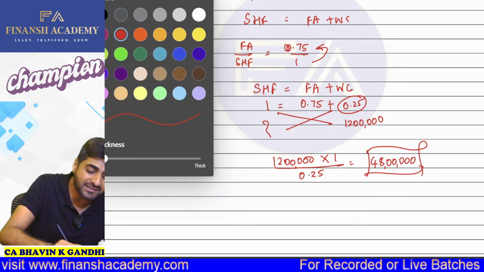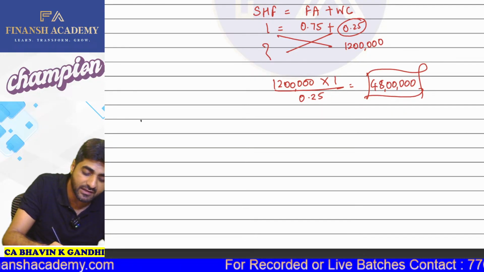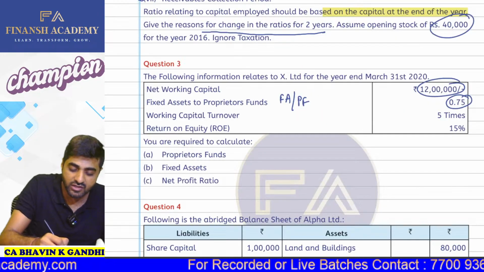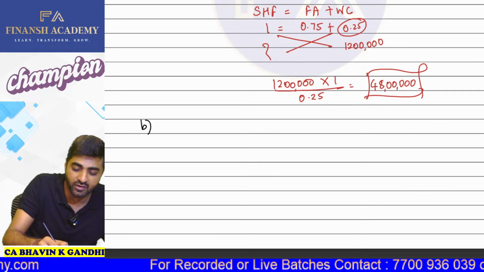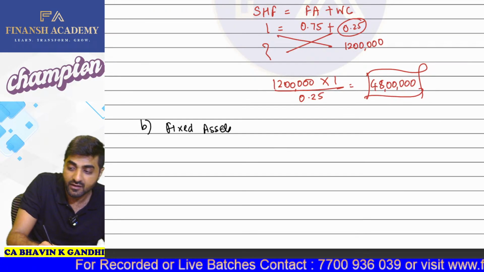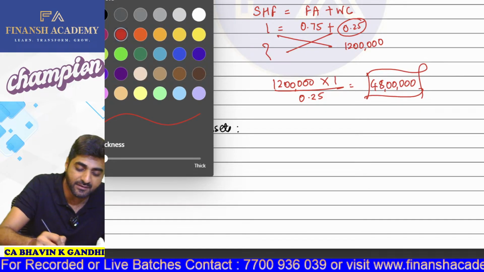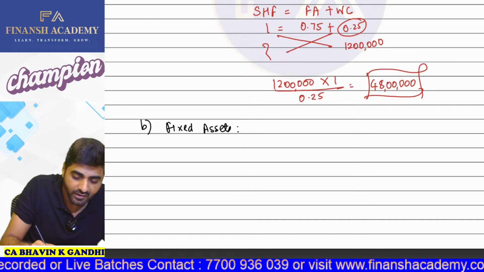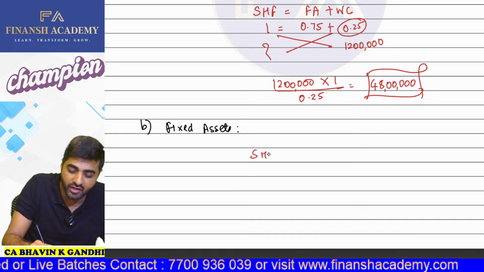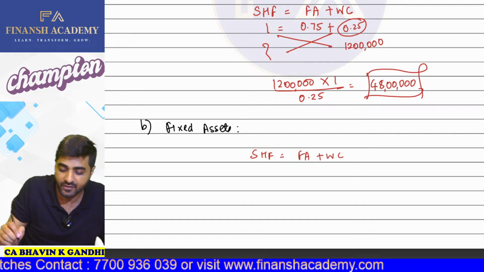So what is now going to be my second part? My part B is, okay, boss, what is going to be my fixed assets? Oh, hello. This fixed assets also can be calculated very easy. How can we calculate this fixed assets? By taking the basic accounting equation, shareholder fund is equal to fixed assets plus working capital.